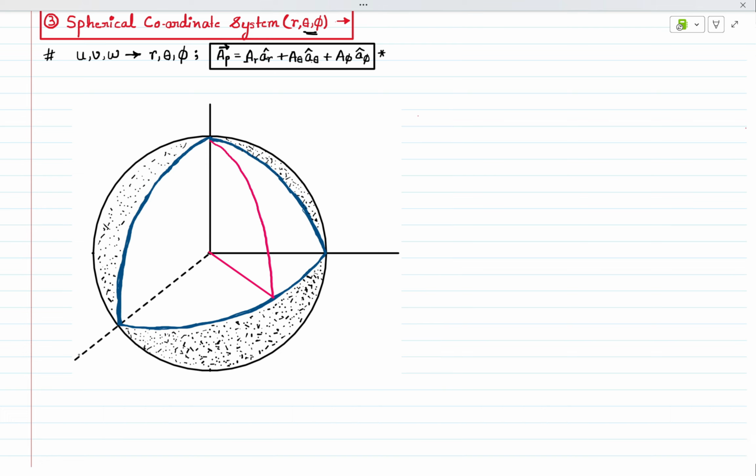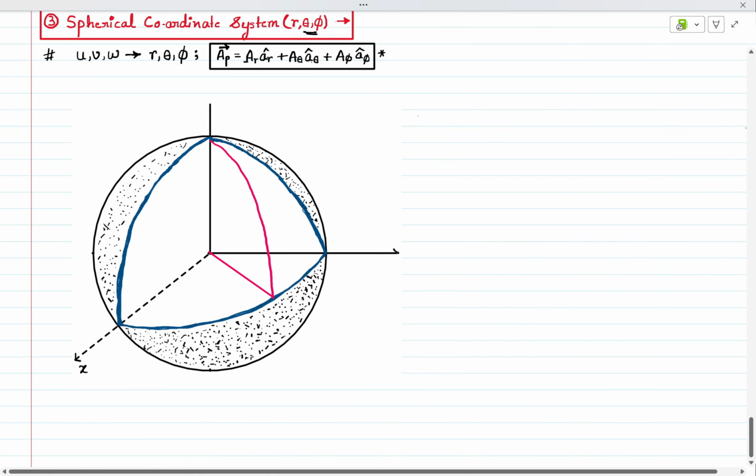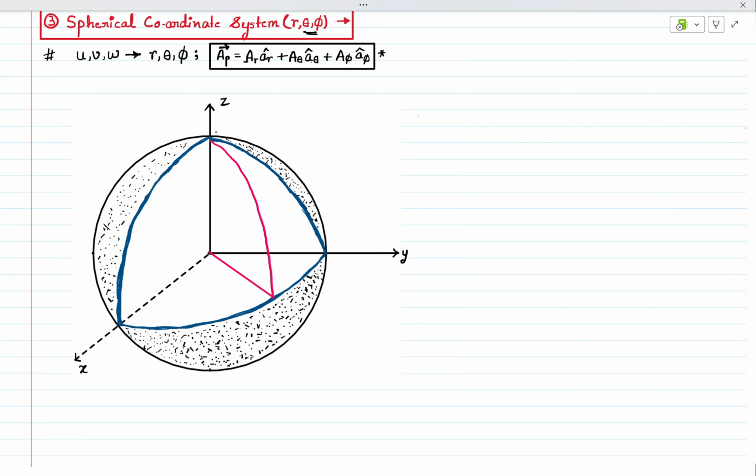First of all, let us see what the coordinates are. This is the x, this is the y, and this is the z. In this three-dimensional vector space, you can see there is a sphere, and the outside of the sphere is dotted so that you can understand it is a sphere. As we are deriving everything in the positive x, y, and z direction, from the whole sphere I have cut this portion, which has been shown here in blue color.